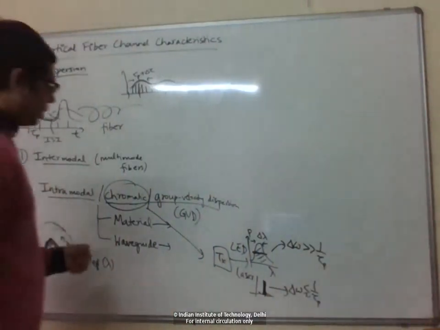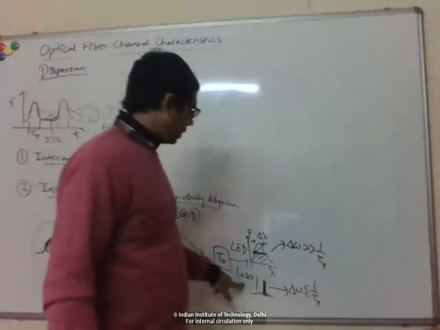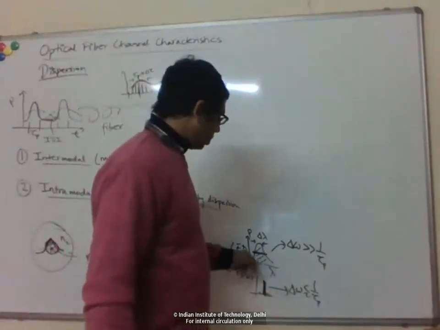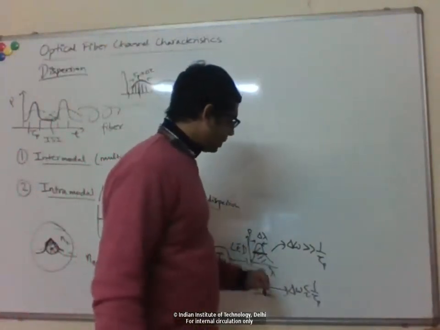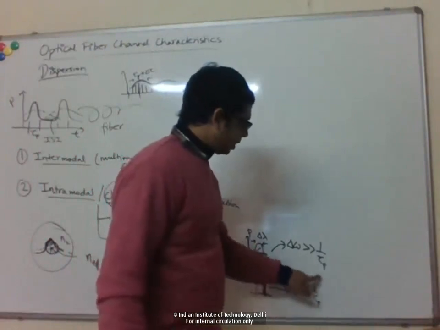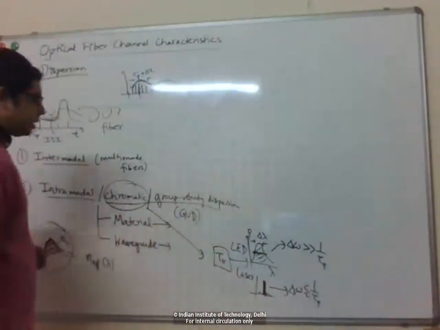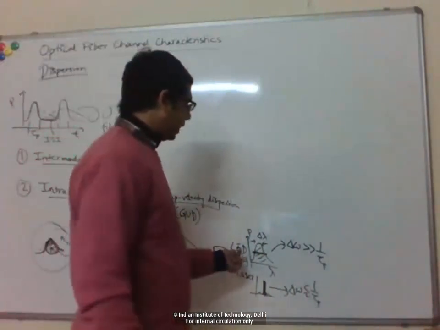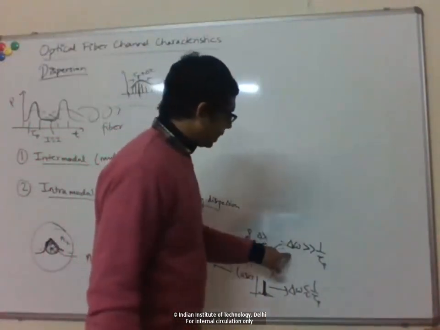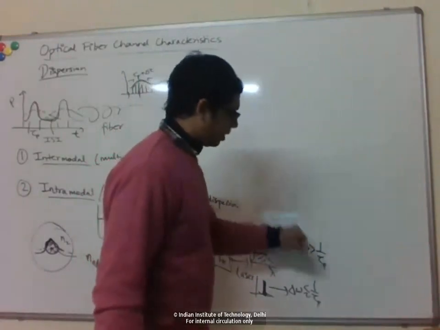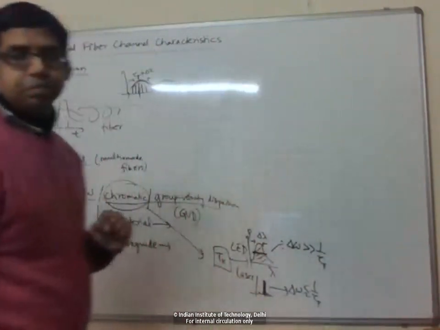So anyway, we'll see that the dispersion is limited by, if you're using lasers with a single frequency, then the dispersion would depend on your pulse width. Whereas if you use incoherent sources like LEDs, the dispersion would be determined by the spectral width of the source and will be independent of the pulse width.